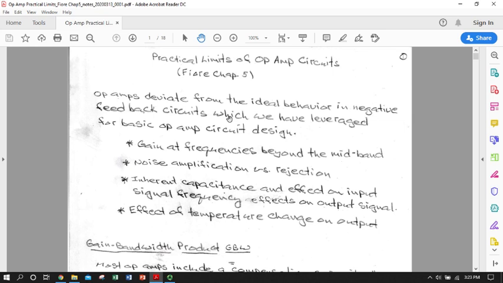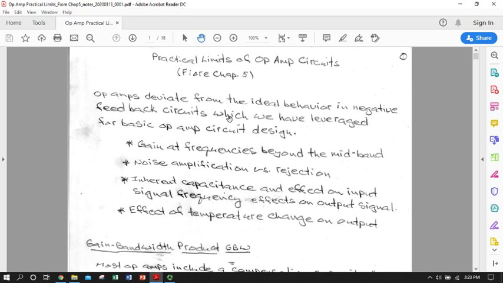And so we were able to establish things like our virtual ground at the inverting terminal for certain circuit configurations, and apply our KVL and KCL in some creative ways when we had our summing and averaging configurations, both inverting and non-inverting.